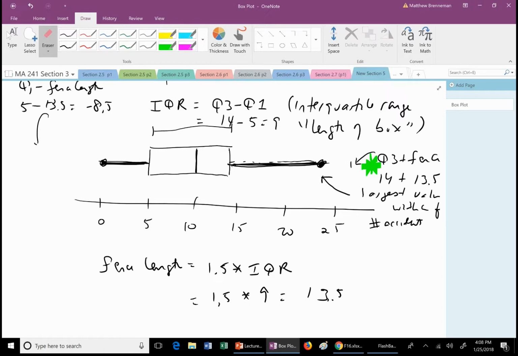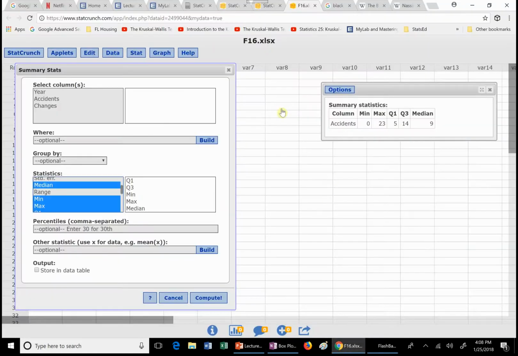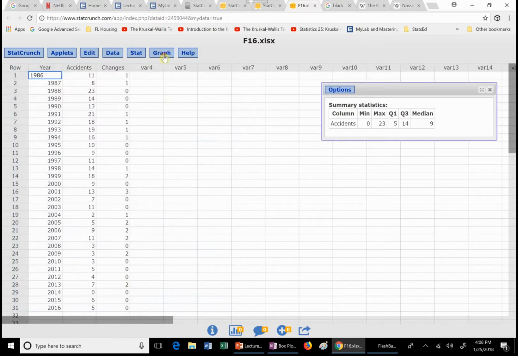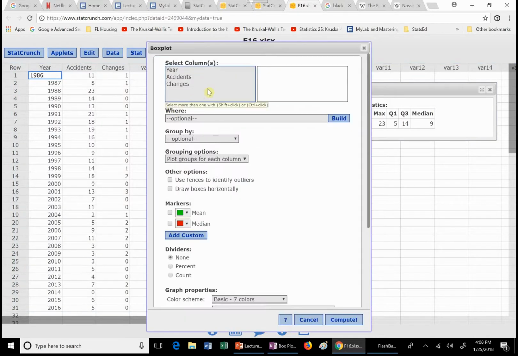Okay, shall we try StatCrunch so we can do it the easy way? All right. So let's go over to StatCrunch now. And we'll just go to plot, box plot, graph, box plot, click on accidents.